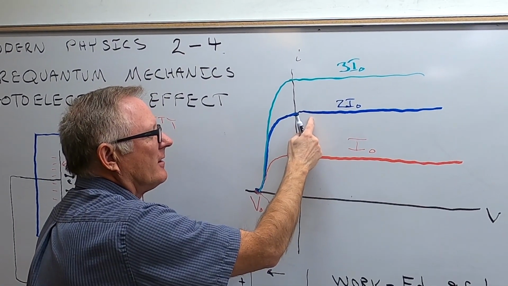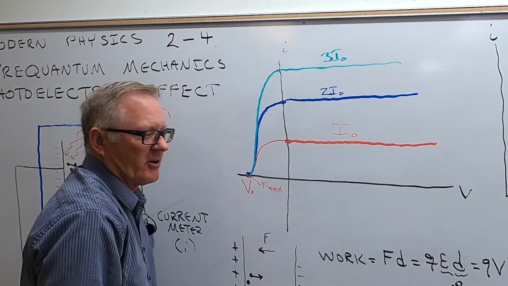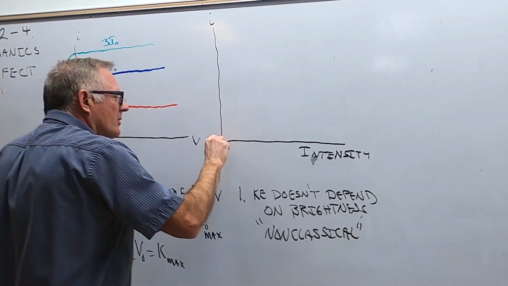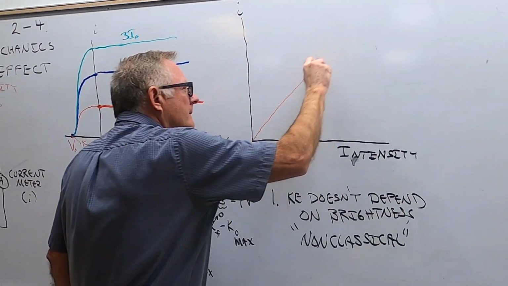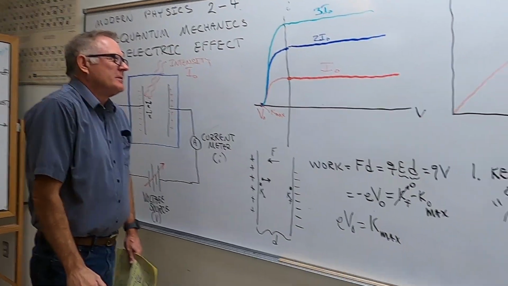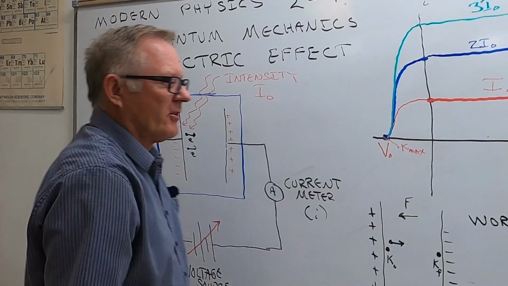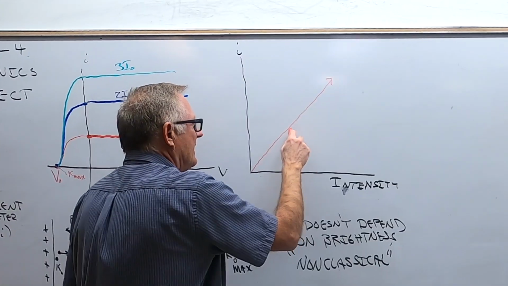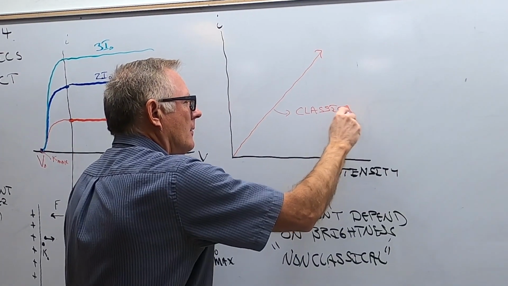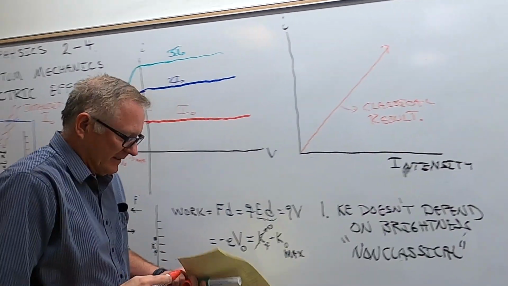If I double I naught, I double the current. If I triple I naught, I triple the current. Well, that just looks like y equals x, so this is just going to go off like this. That makes some sense. Double the brightness, double the current. Triple the brightness, triple the current. That is classical, so this is a classical result.